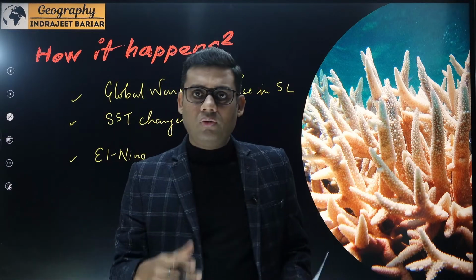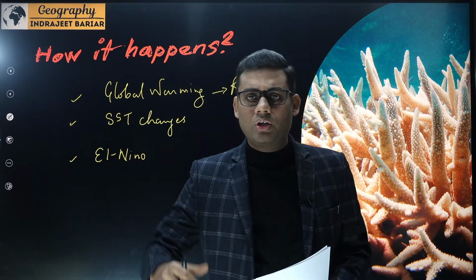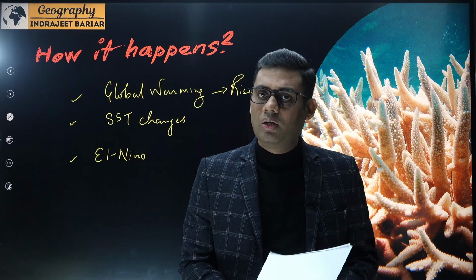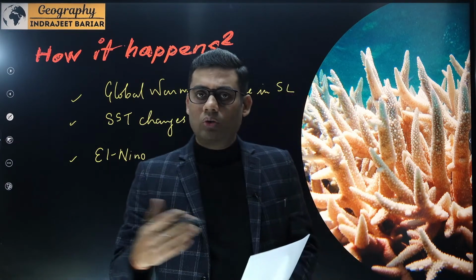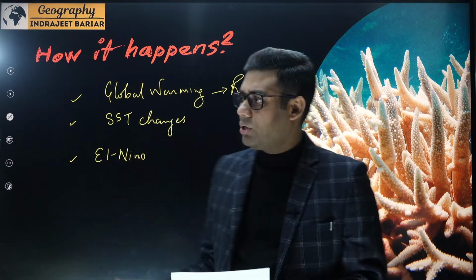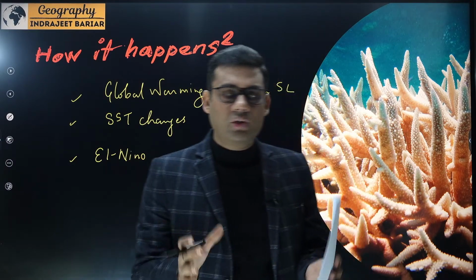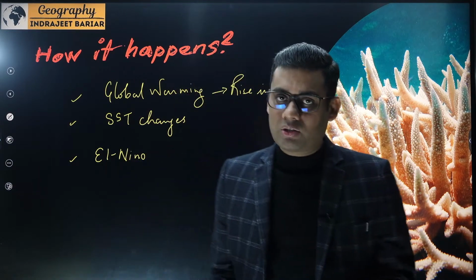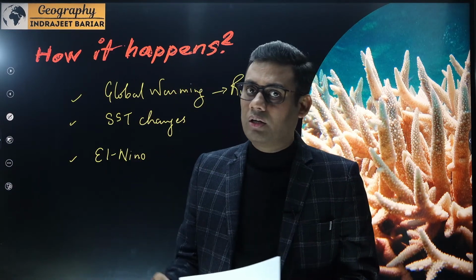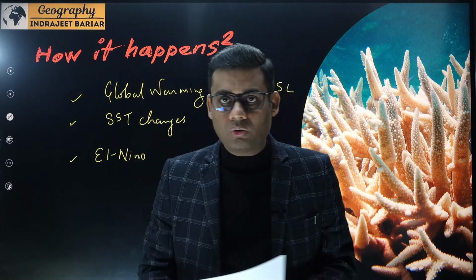About El Nino, we know that it is an ocean-atmosphere coupled phenomenon which takes place in the southern equatorial Pacific Ocean, and El Nino refers to the general warming of the waters of this region. So again, abnormally high temperatures of the waters can result in stress in the corals.